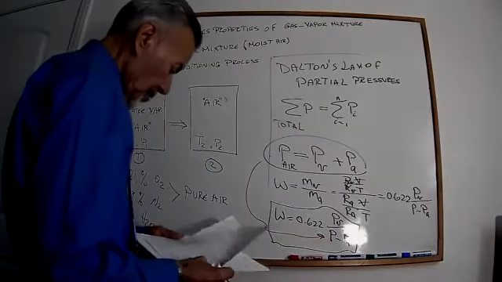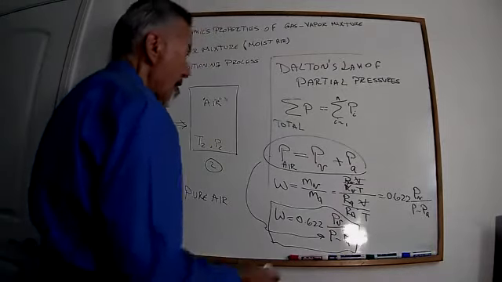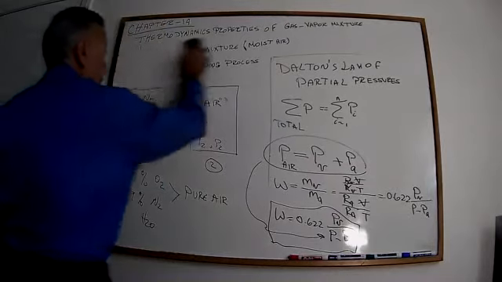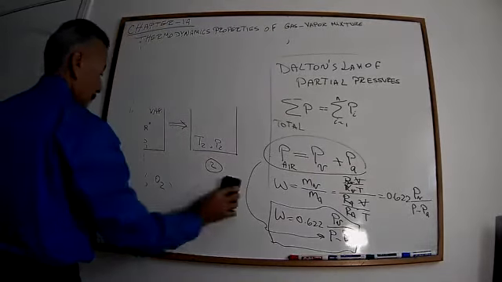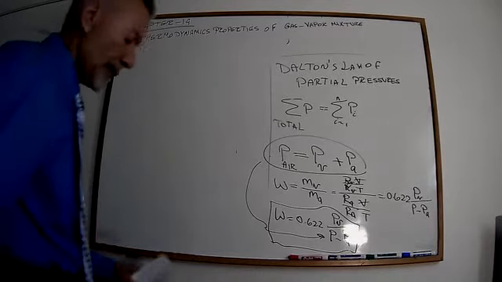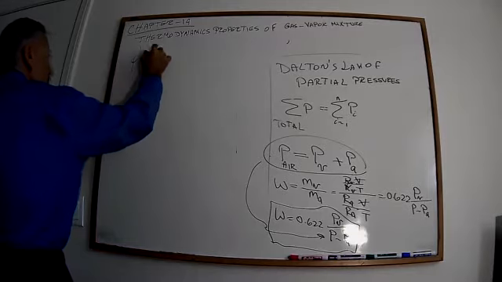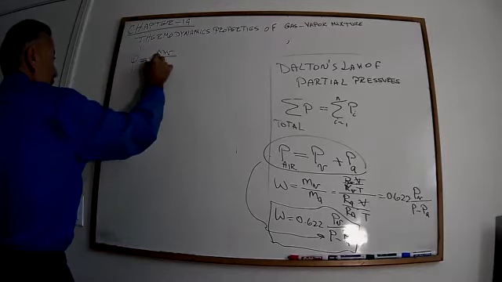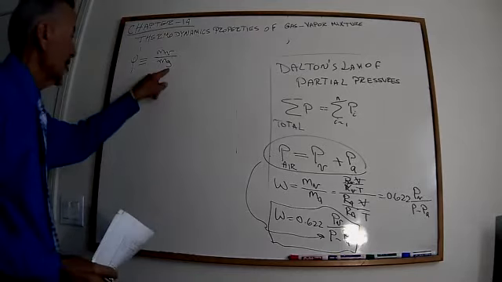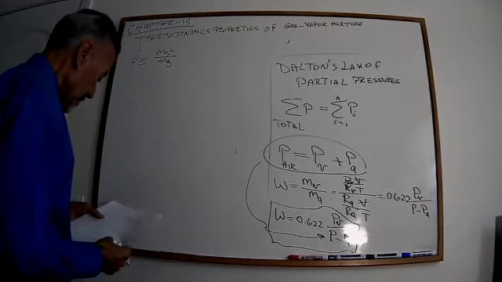Now, if I want to do the same thing for phi, or relative humidity, we said it's the mass of V divided by the mass at 100% saturation at a given temperature.